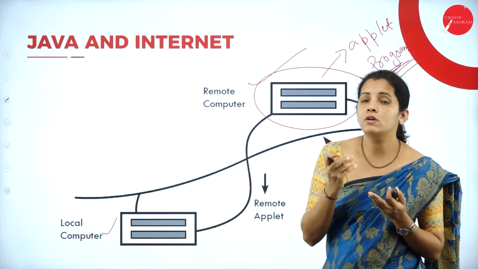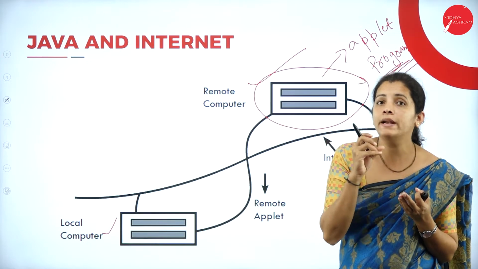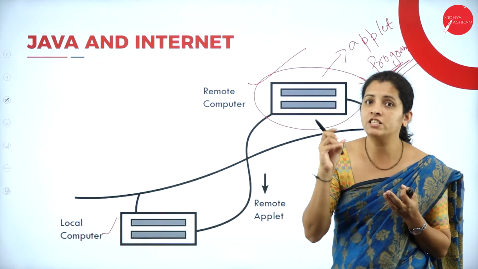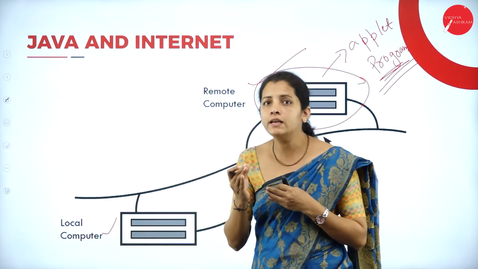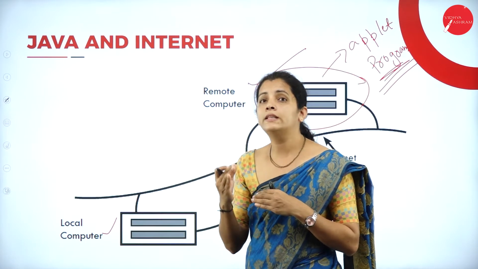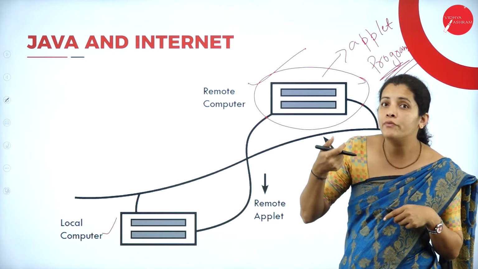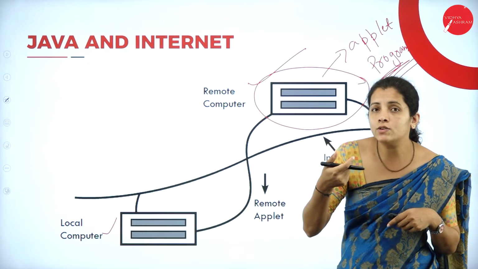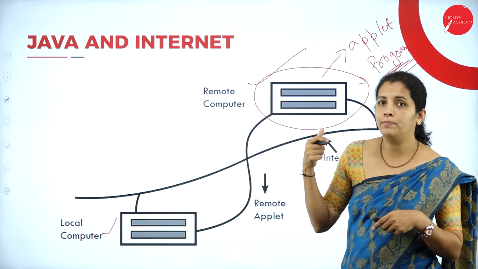Applet programs are special programs that are embedded with the web page in order to provide dynamic content. So what is dynamic content here? The dynamic content is nothing but the content which is going to vary or change frequently. Those kinds of contents are written in the applet program.